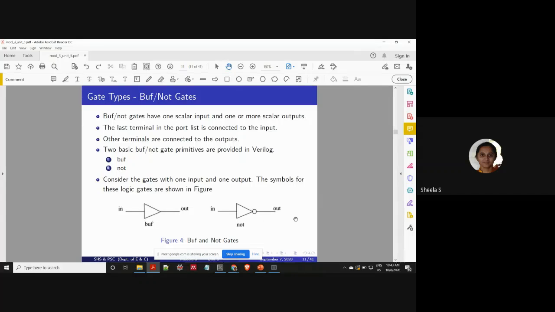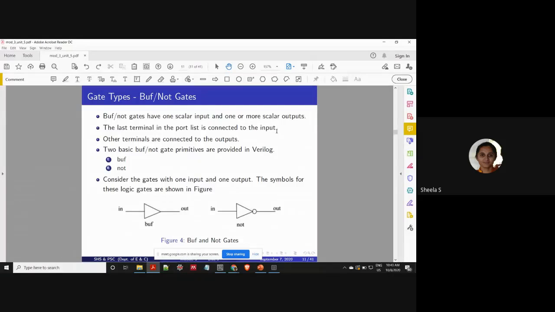And here what we can observe is, if there are more variables in the port list, the last terminal in the port list is always considered as the input.